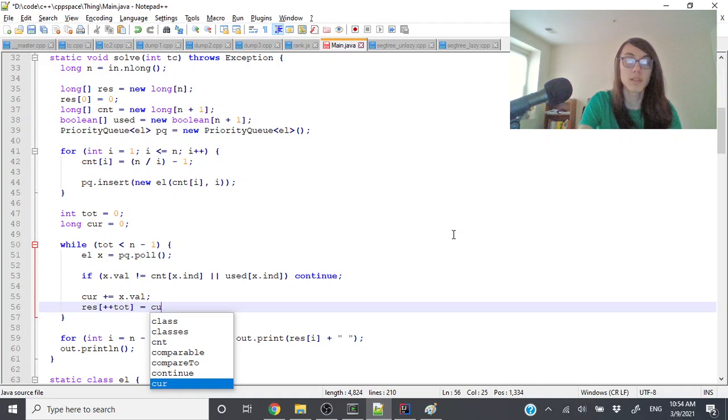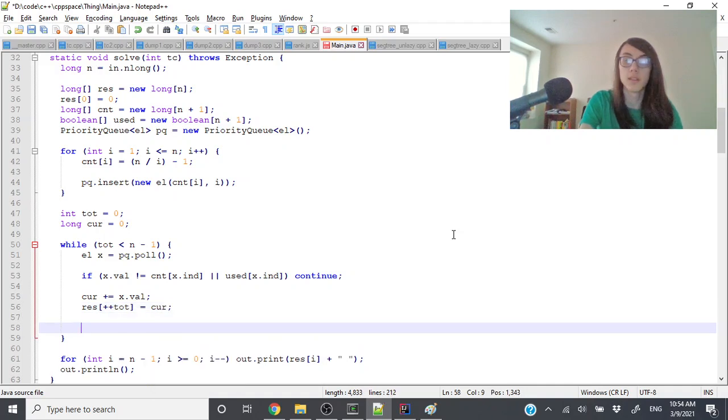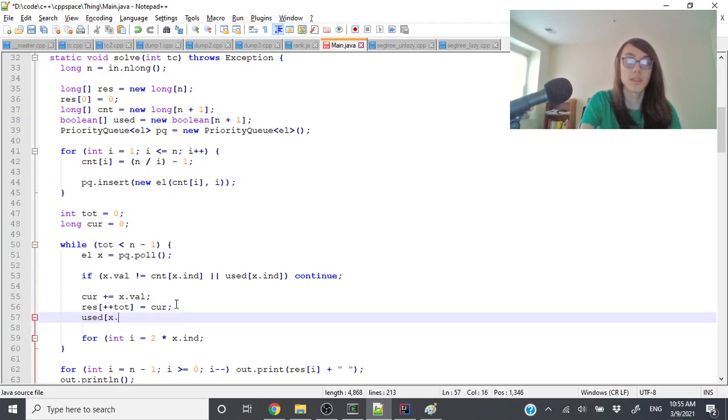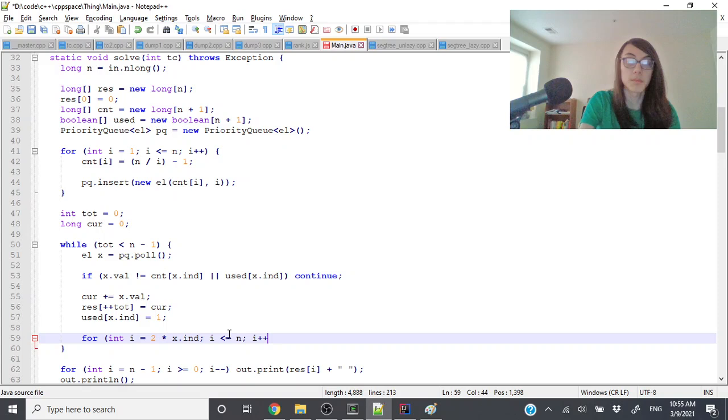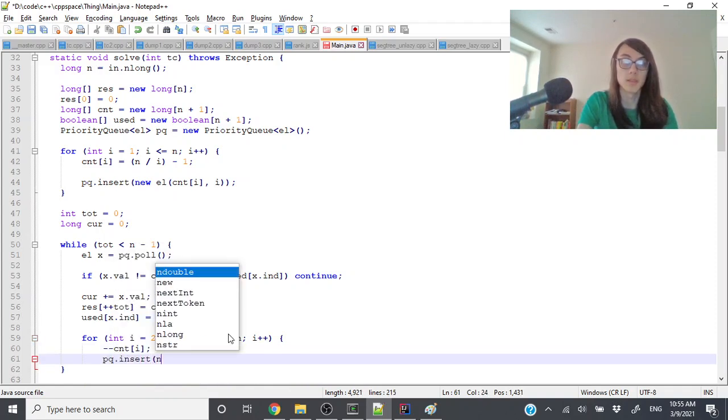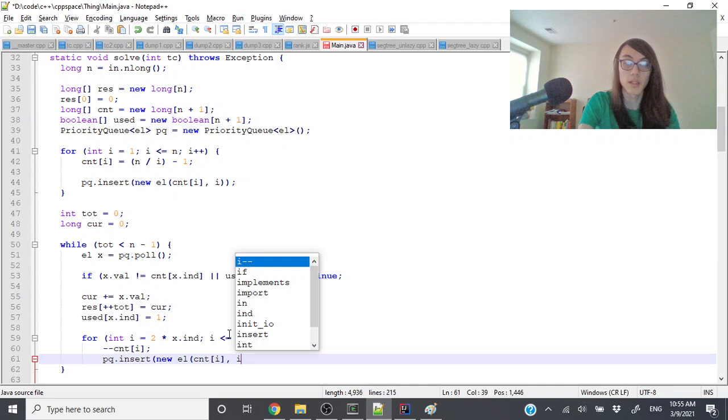Res plus plus tote is equal to cur. Then for int i equals 2 times x dot ind. Alright, also used x dot ind equals 1. i is less than or equal to n, i plus plus, minus minus count i, pq dot insert new L, count i.